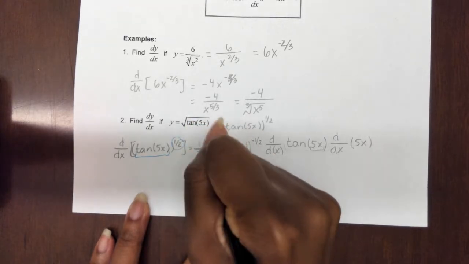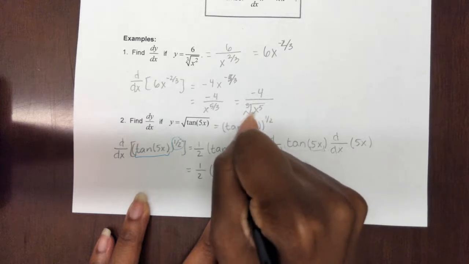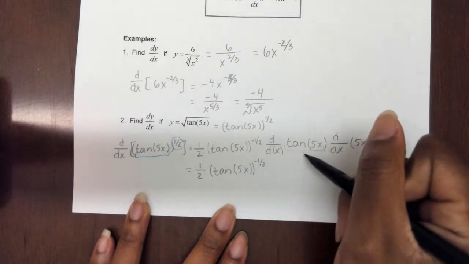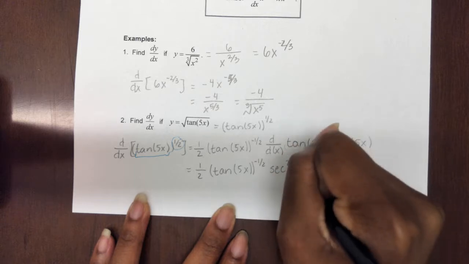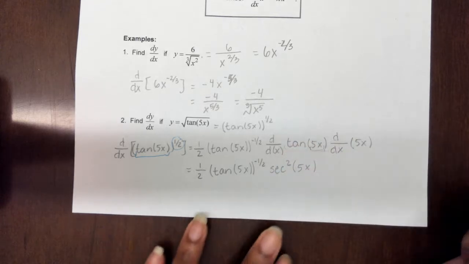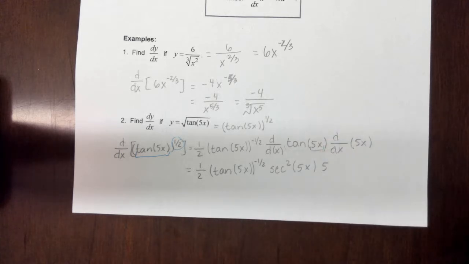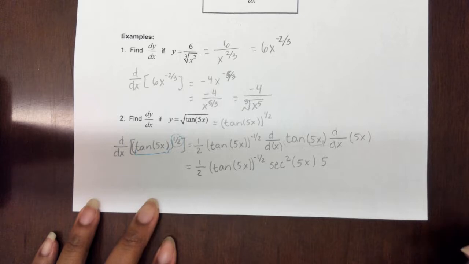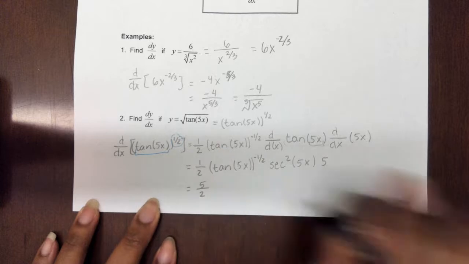So we have 1/2 tangent 5x to the negative 1/2. Derivative of tangent is secant squared 5x, and the derivative of 5x is 5. So we can rewrite this using simplification. 5 times 1/2 is 5/2.